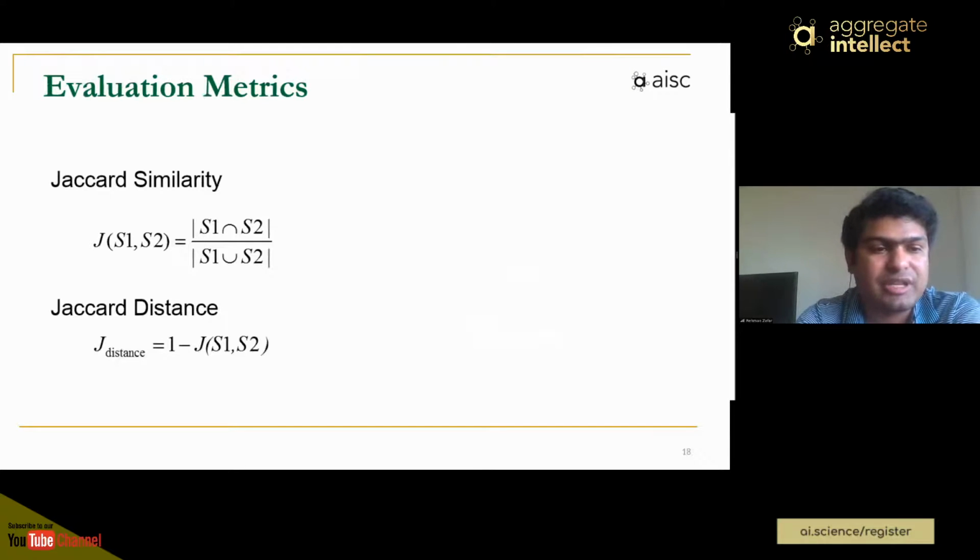That's why we use Jaccard similarity, to find out the common attributes. And J distance is actually 1 minus the Jaccard similarity. So it will give you the distance between two or more attributes.